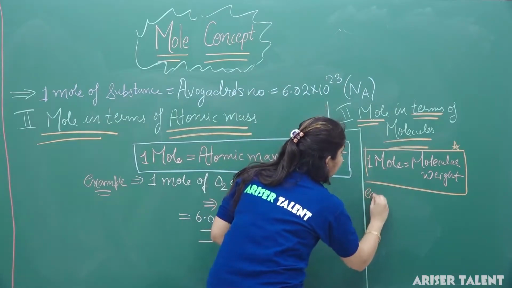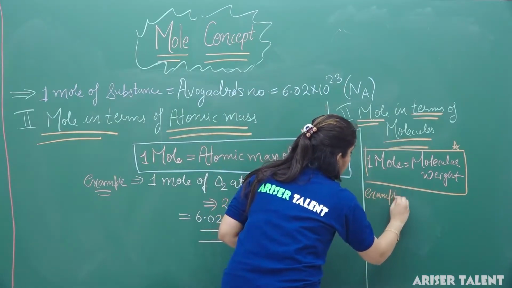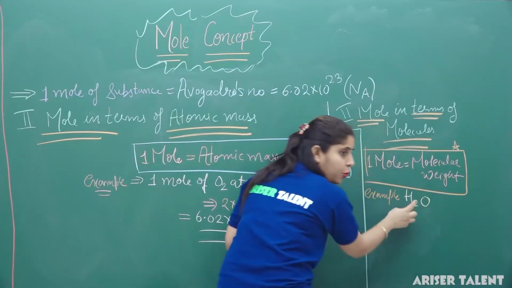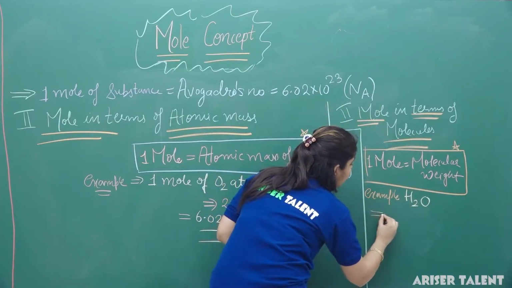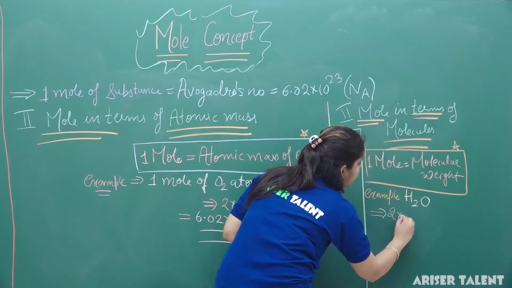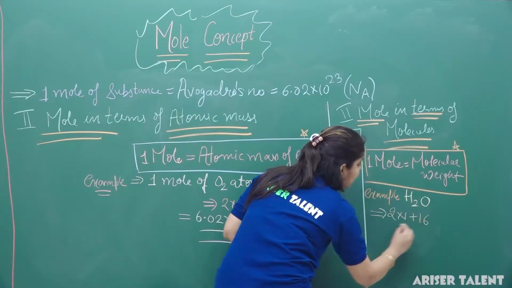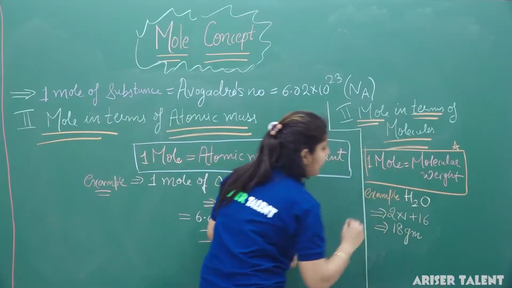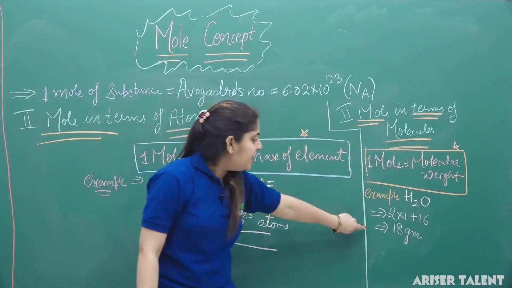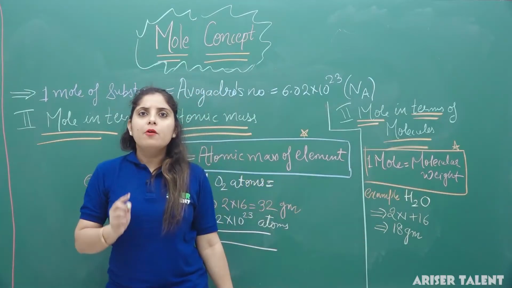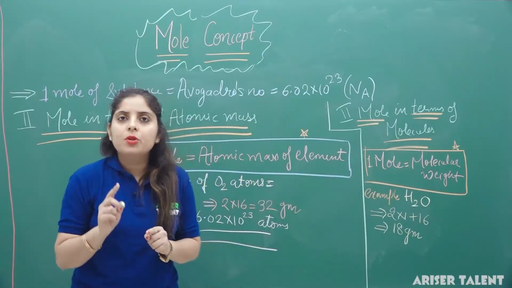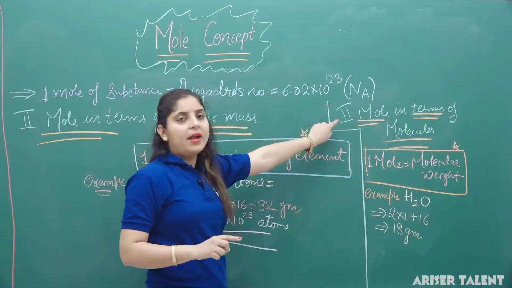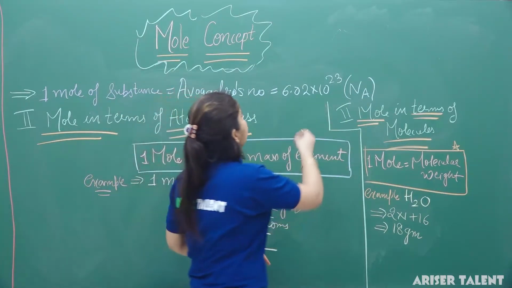So if we consider an example of water, suppose we have H2O, we know that the atomic mass of hydrogen is 1, so it will be 2 into 1 plus oxygen, which has a mass of 16, so the mass of water will be 18 gram. So in 18 gram of water, we have 6.02 into 10 raised to the power 23 molecules, so it is 1 mole and it is defined in terms of molecules.